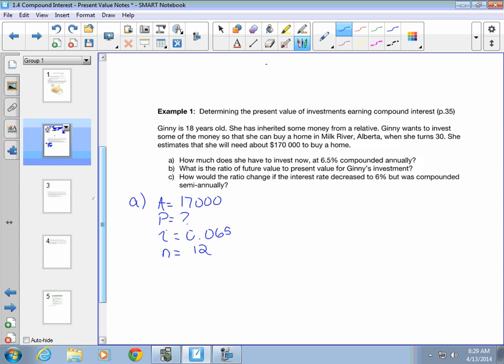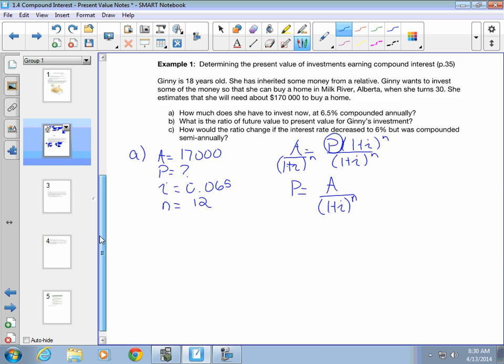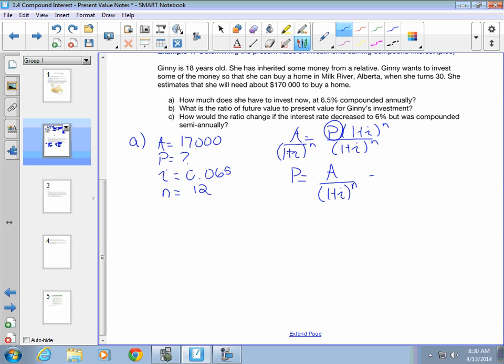If we look at our formula, A is equal to P times (1 plus I) to the power of N. To find P, we divide by (1 plus I) to the power of N. So P is equal to A over (1 plus I) to the power of N. Substituting in, we have $170,000 over 1 plus 0.065 to the power of 12.